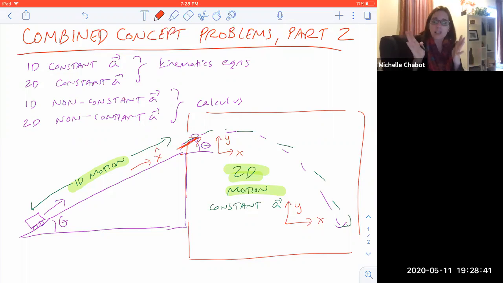And then you get the velocity headed into your 2D motion part of the problem. And then you're going to use 2D motion with constant acceleration to solve that part. So definitely work on naming these types of combined concept problems, and then putting each part of it and learning to put these concepts together. And let me know if you have any questions as you work through the problem.